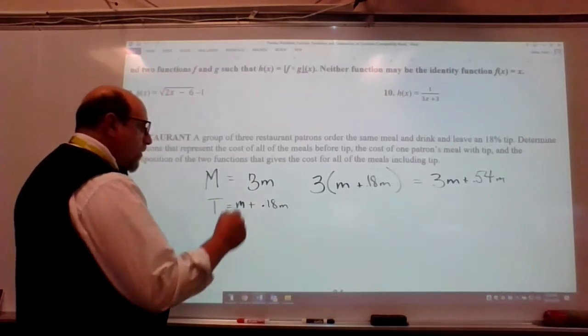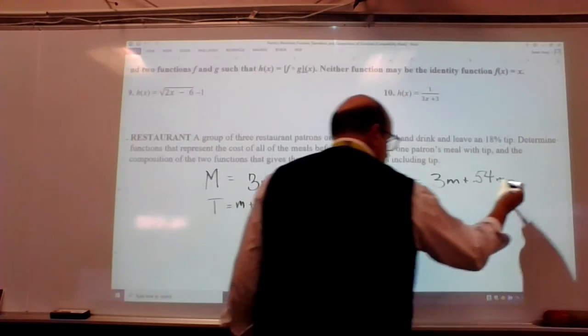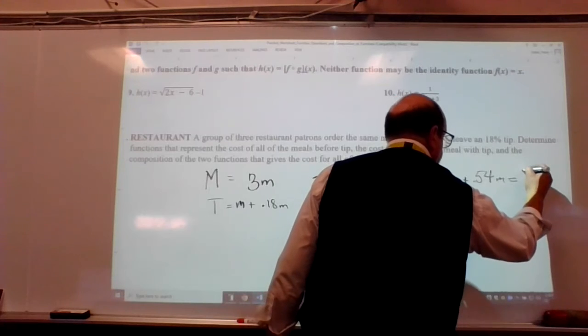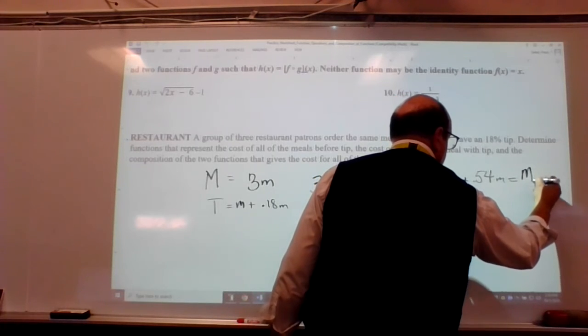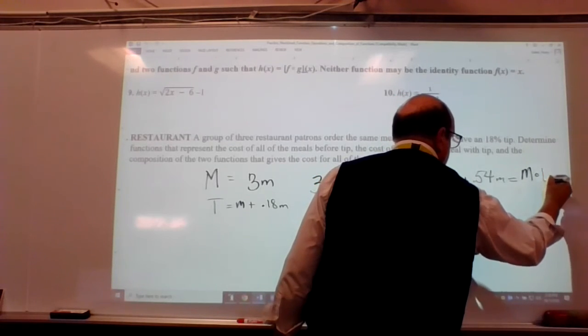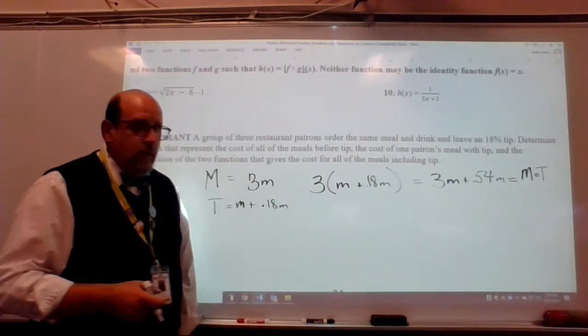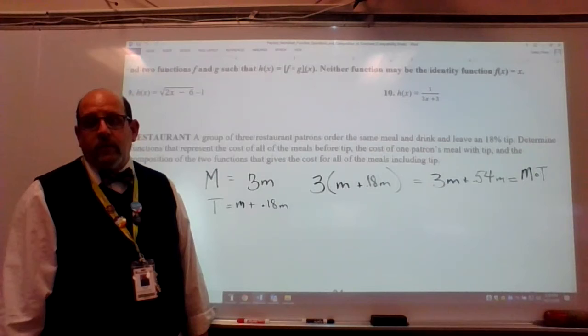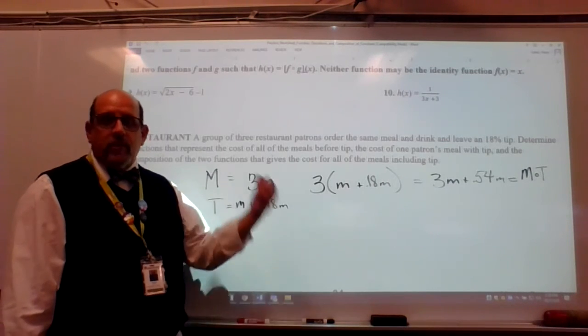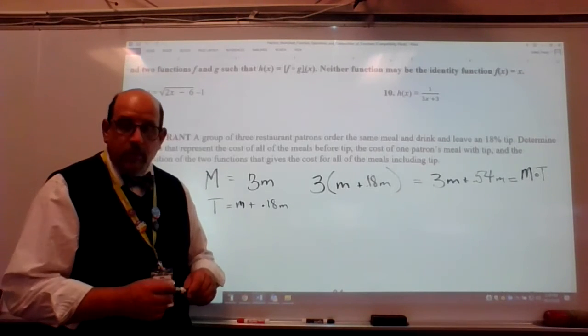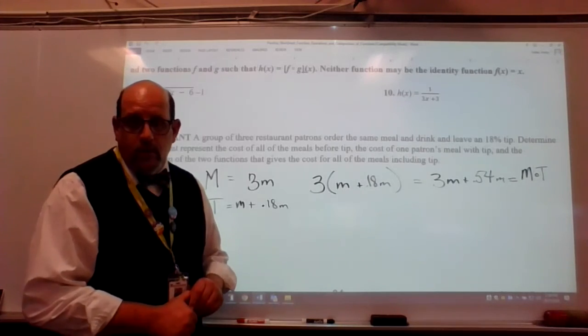We just need to know that this is equal to M composite T, right? We put T inside it. Good? That's it. You don't even have to write it really cool, because I didn't write it really cool, did I?